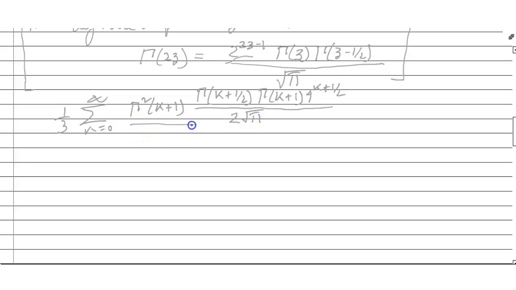It can be written this way. So I just apply this formula, friends, and divided by gamma (k plus 1) gamma (k plus 3 by 2) 4 to the power k plus 1, divided by 2 root pi, whole square.